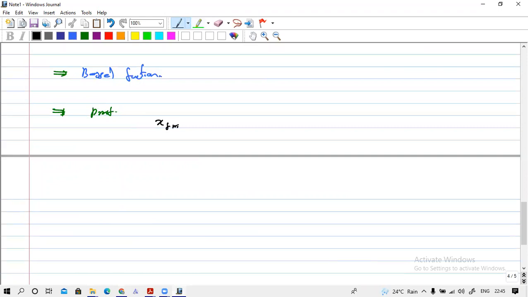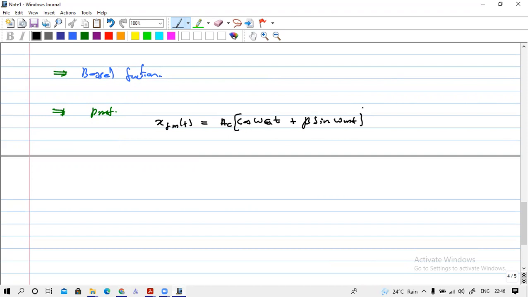Our modulated signal f_m(t) is equal to A_c cos(omega_c t plus beta sine omega_m t). So this is our modulated signal, no?